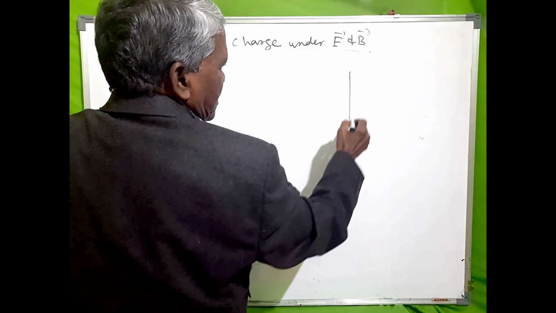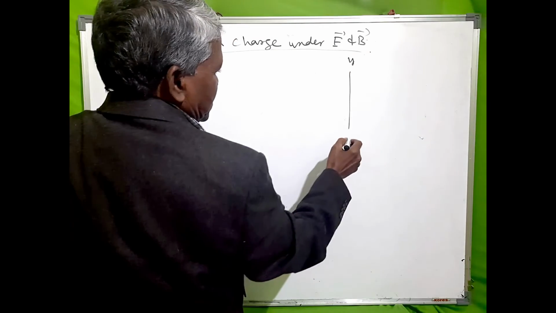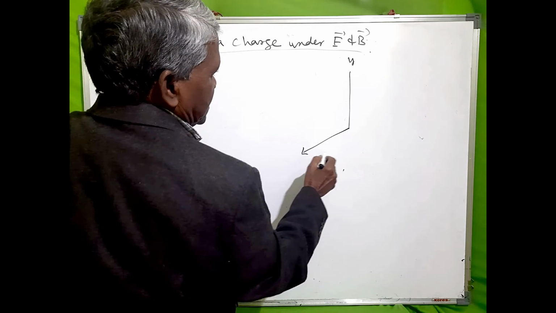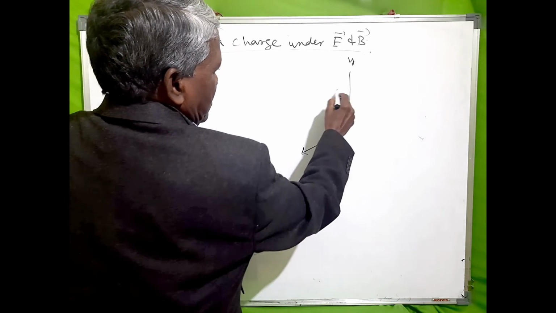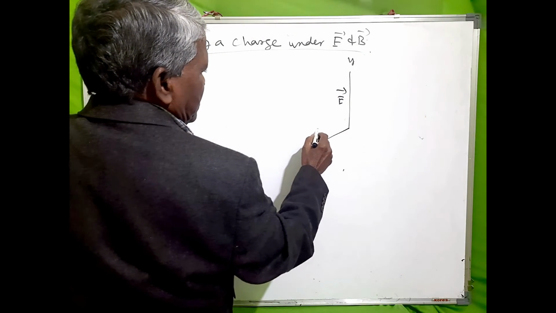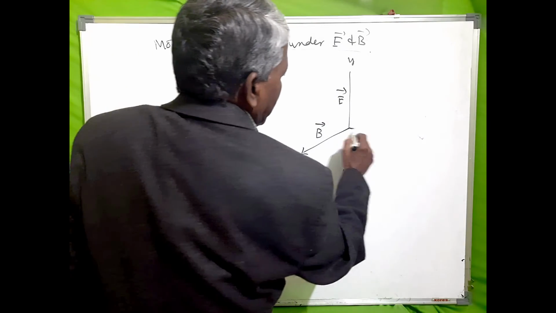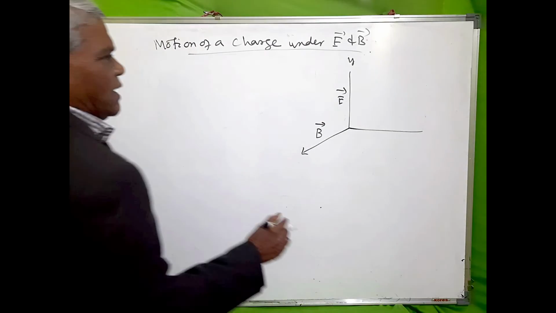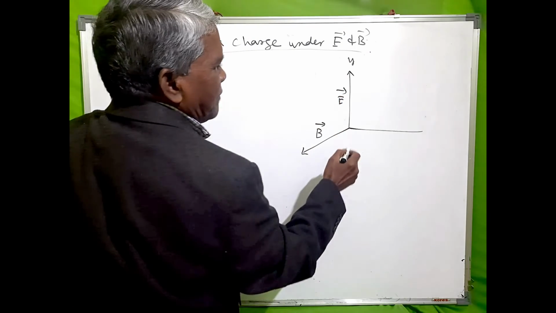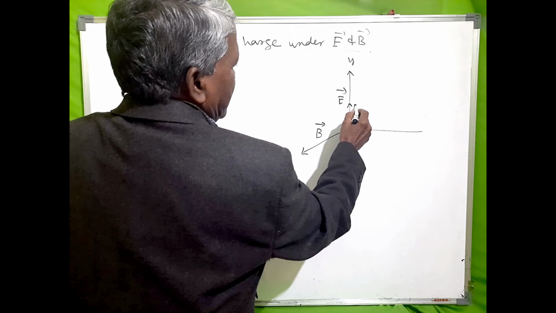Suppose electric field is along the positive y-axis and magnetic field is along the positive z-axis. Due to the electric field, the force will be along the field. So this is the force under the electric field.